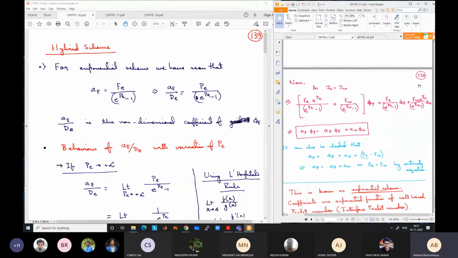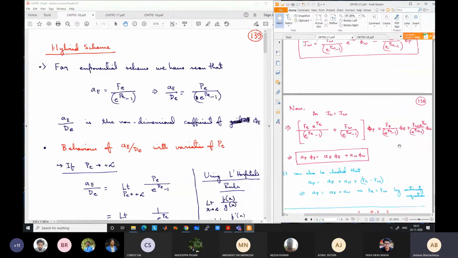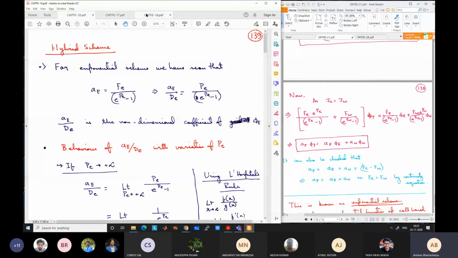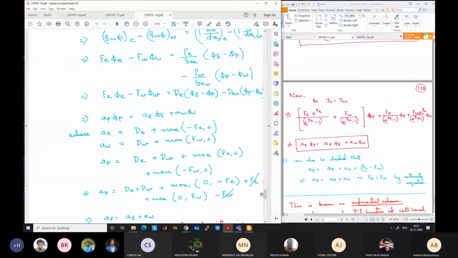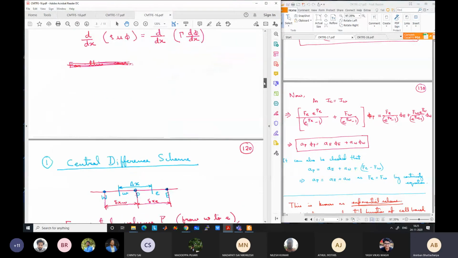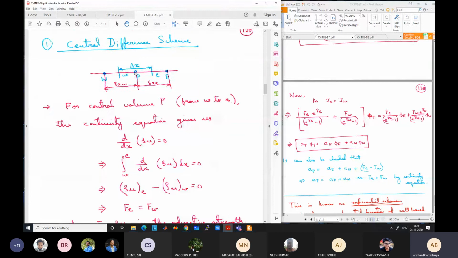This is the final discretized equation, right? So if I go to the grid structure, how the value here is determined by this value and this value depends on the relative strength of the coefficients AE and AW. If AE is large, it will have a stronger influence on P, and if AW is large, it will have a stronger influence on the value at grid point P.